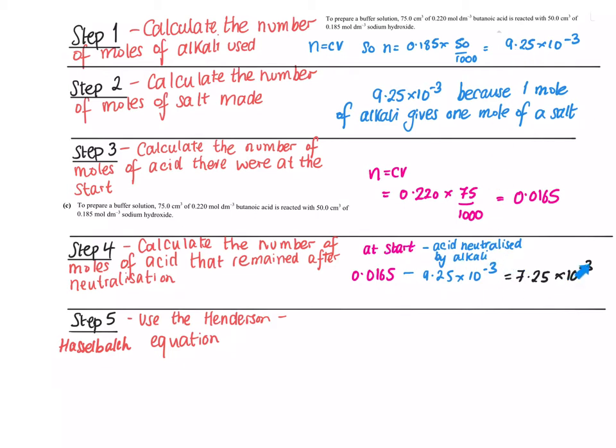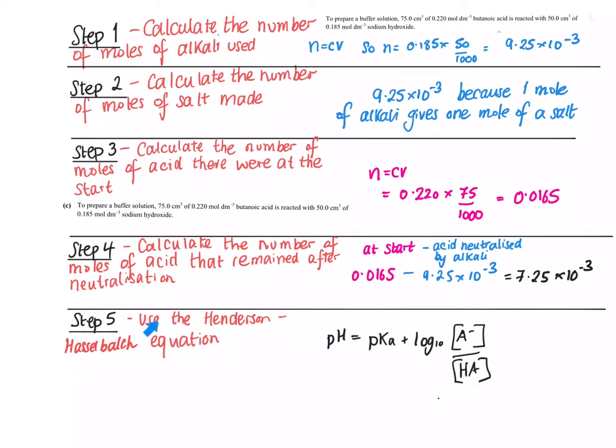So the amount of acid that we had left is the amount we started with, which is this number, and from that we take away the number of moles of alkali, because 1 mole of acid reacts with 1 mole of alkali, which is this bit. And so the number of moles of acid that remained after neutralization is 7.25 times 10 to the minus 3.